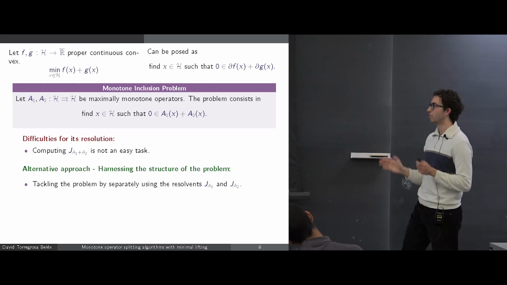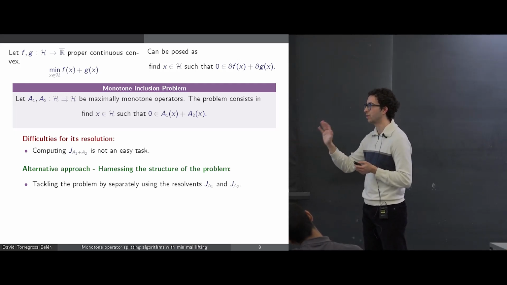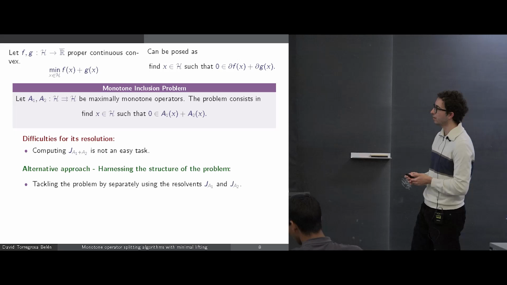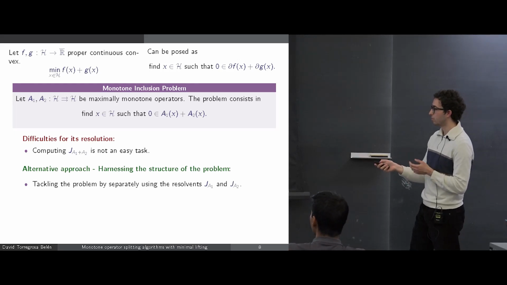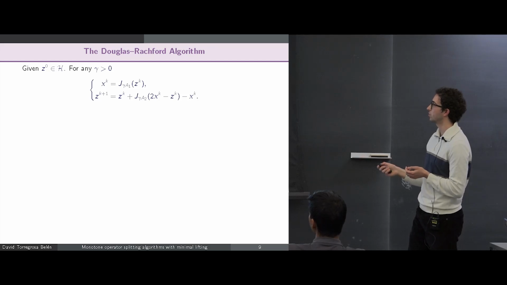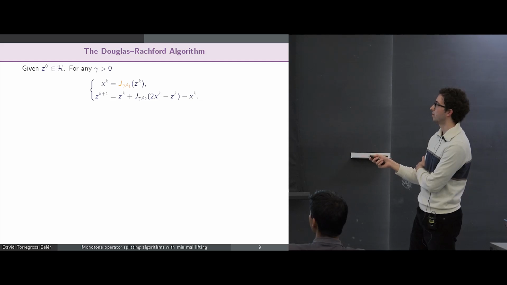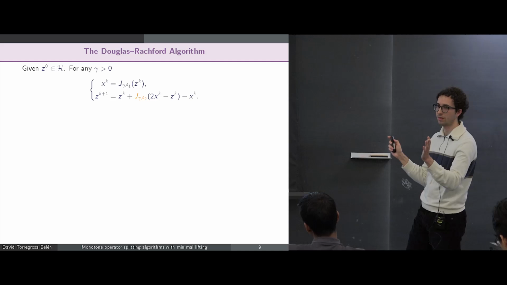You have a complicated problem with different elements, and instead of addressing them all together, you address them separately. In fact, this is what one of my favorite algorithms does, the Douglas-Rachford algorithm. It takes this form. The important thing here is that you have the resolvent of the first operator here and the resolvent of the second operator here. They are separate.